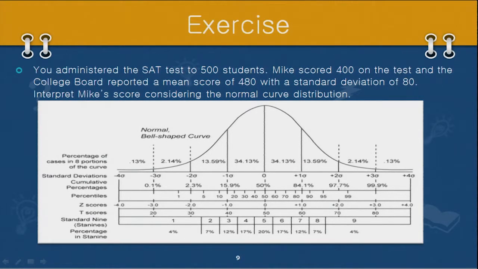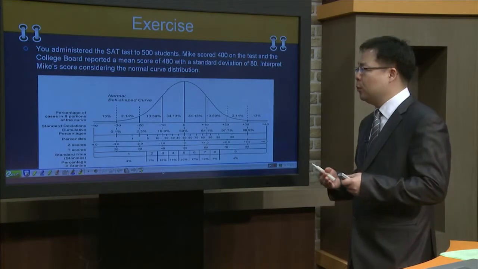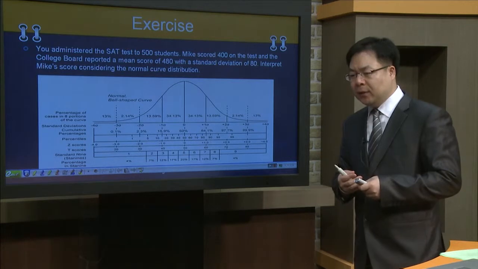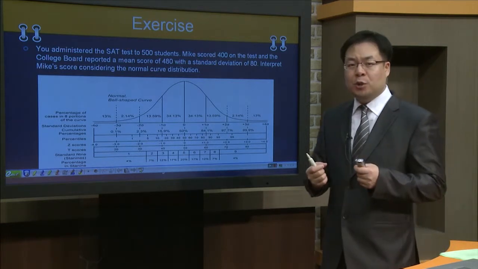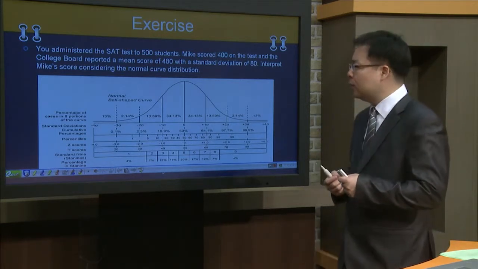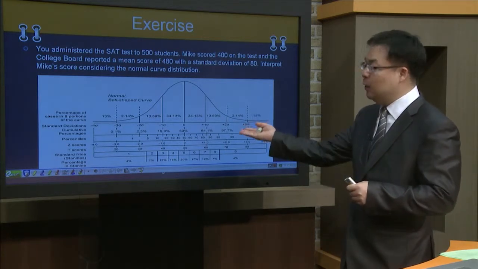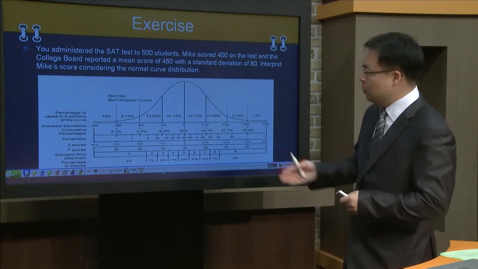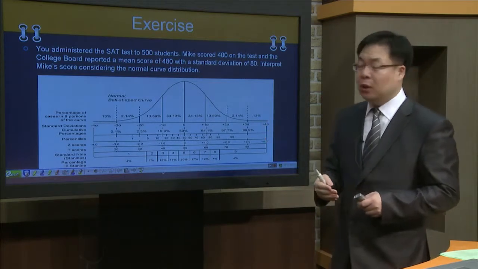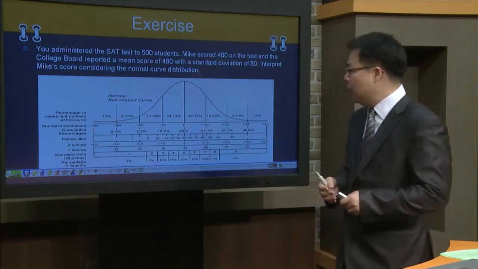So this is the information about the whole population who took this test, the SAT, and we interpret Mike's score considering the normal curve distribution. Usually, as I said, if we have a large population that took the test, it usually shows some normal distribution like here. It shows some basic information of the bell curve shape.